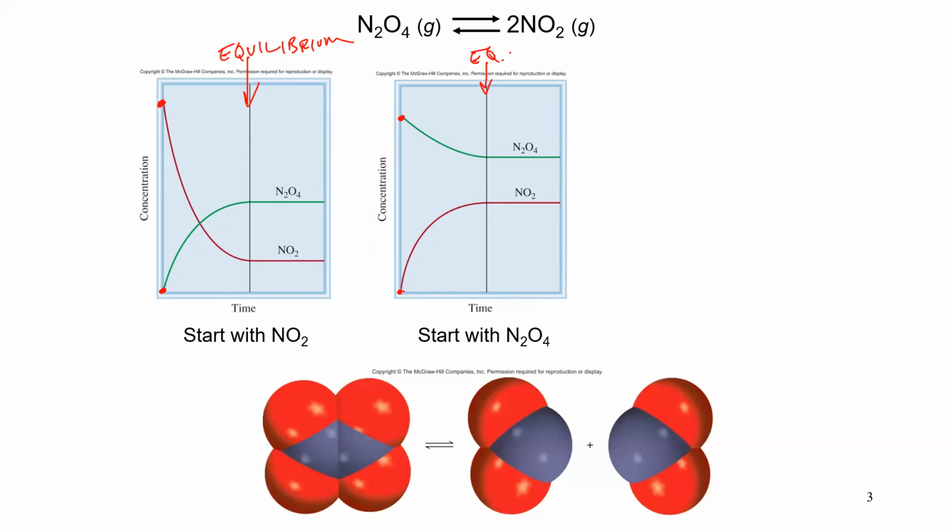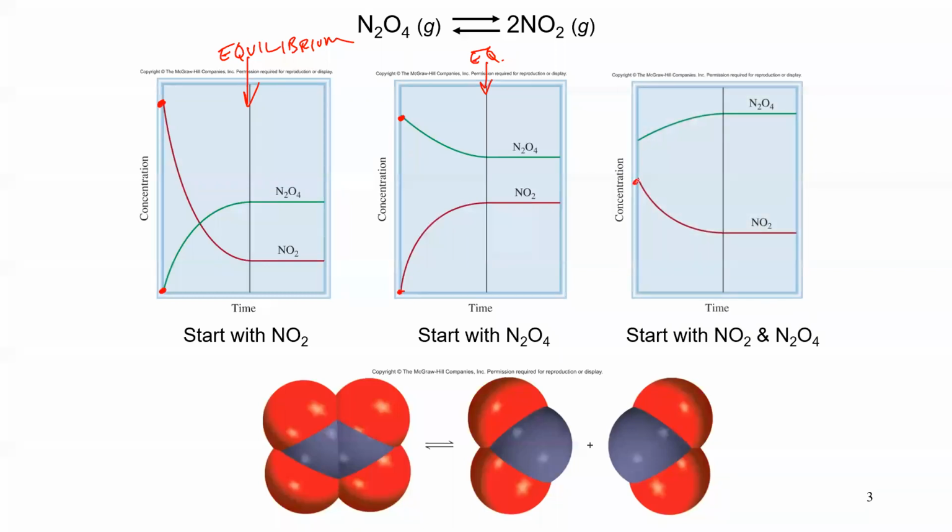I'm just going to abbreviate it EQ. That equilibrium looks a little bit different. Those concentrations are not identical, but they're related to our initial concentrations. And so we could start with a mixture of these two. We could start with a little bit of NO2 and a little bit of N2O4. And again, we'll reach another equilibrium.